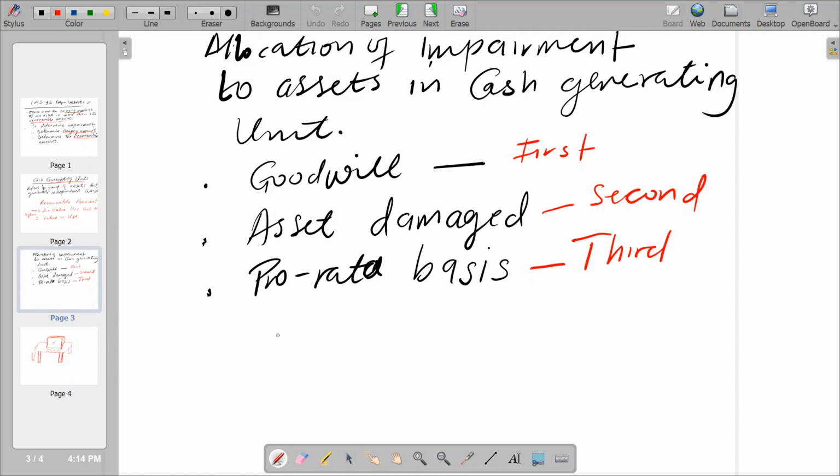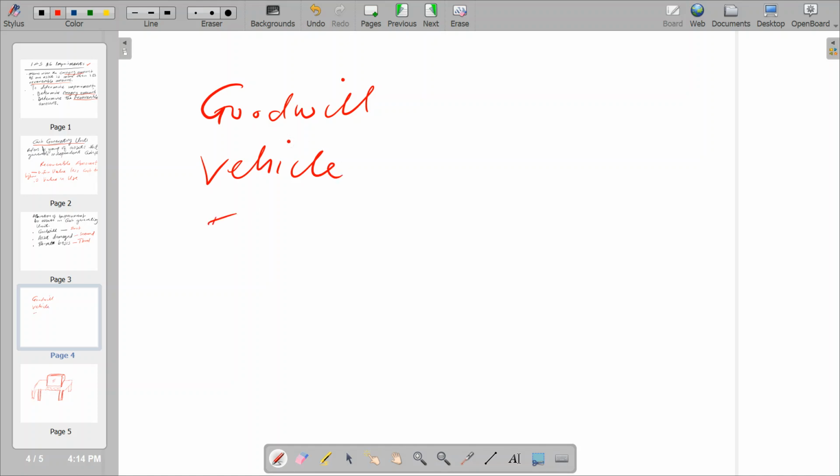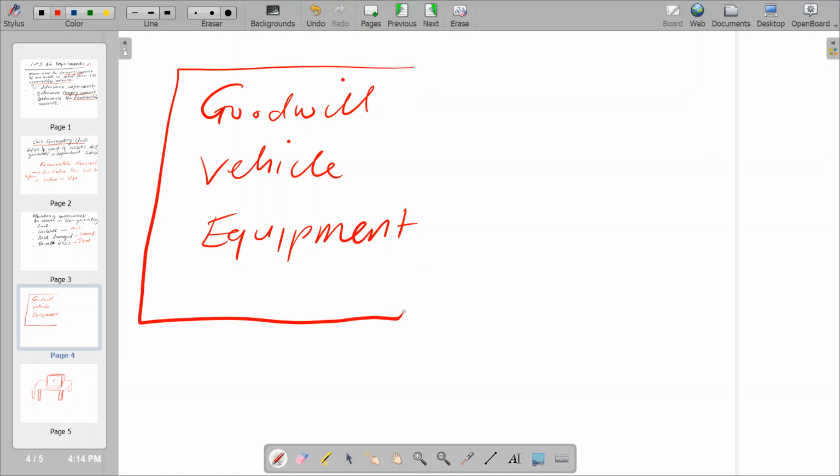So if we have a cash generating unit where, let's say, we have goodwill, we have vehicle, we have equipment, these assets belong to cash generating units.